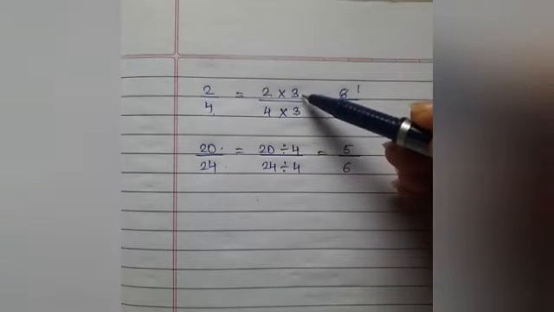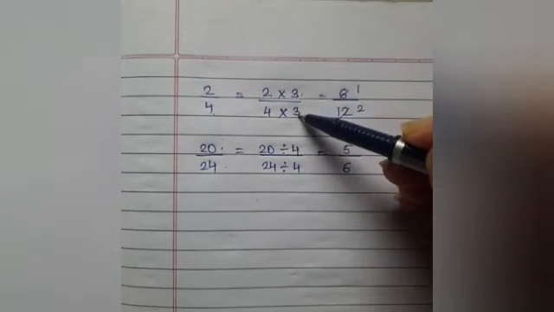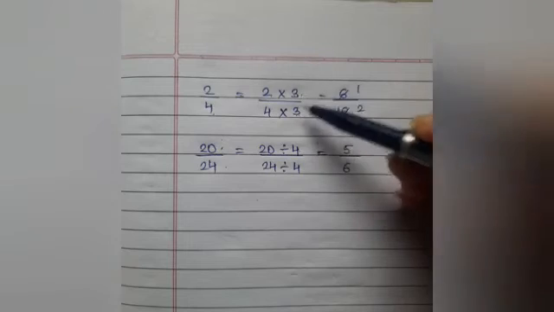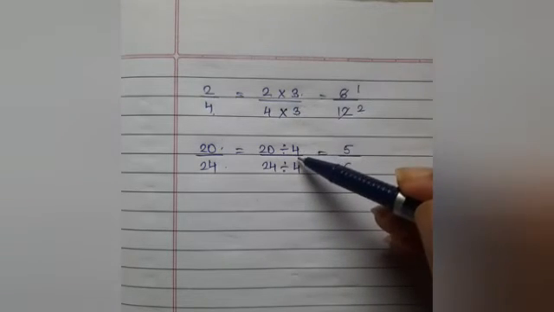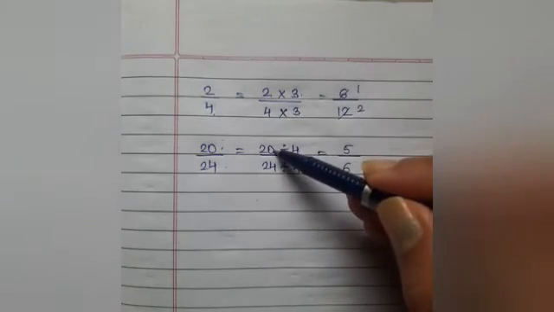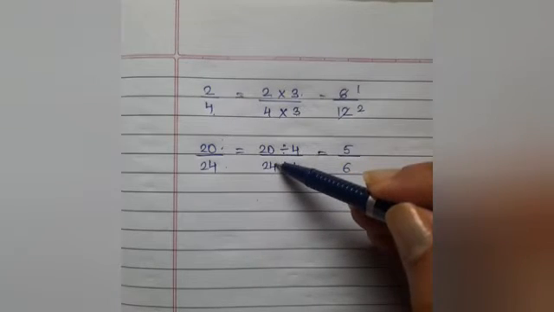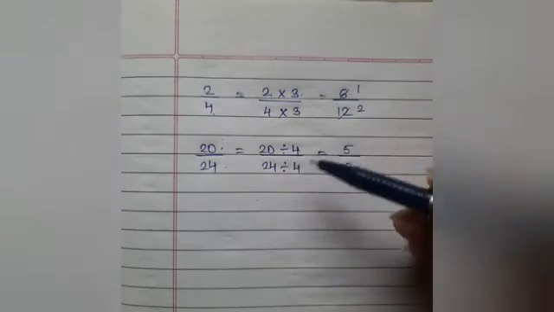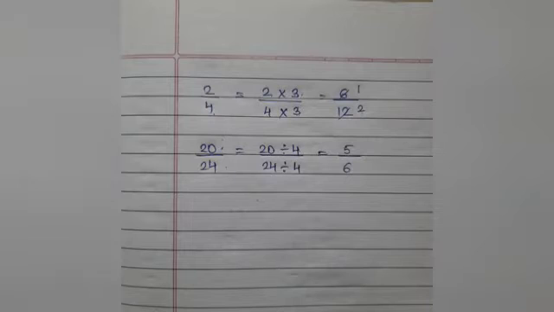We multiplied numerator and denominator with the same number. Here we divided numerator and denominator with the same number. We will take another example.